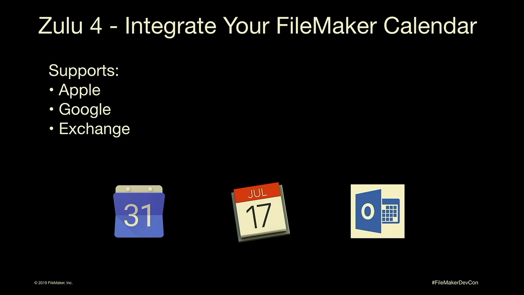On the back end, Zulu uses a two-way sync to keep these events always up to date. If you modified a record in FileMaker, you would see this event modified in Apple Calendar, Google, or Exchange. Conversely, if one of your users modified the event in Exchange, you would see that change get pulled back down into FileMaker.